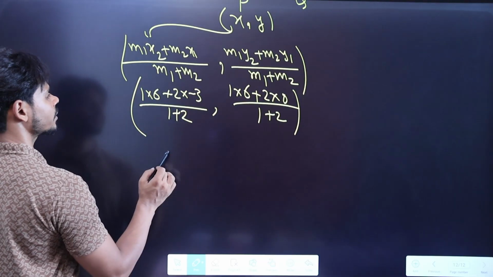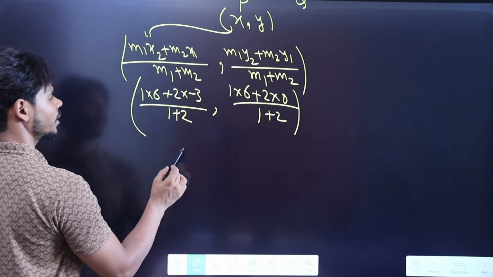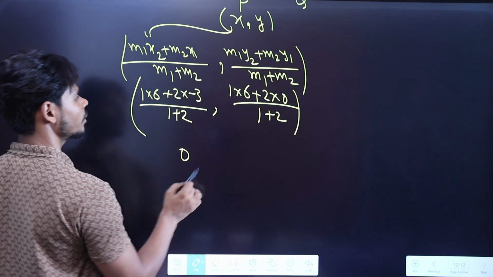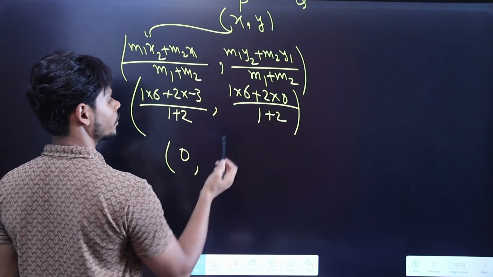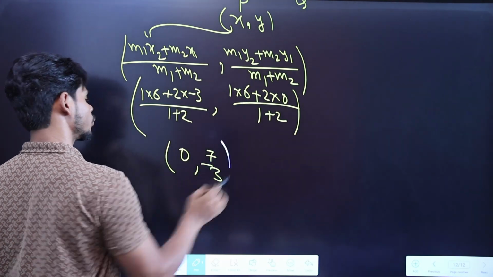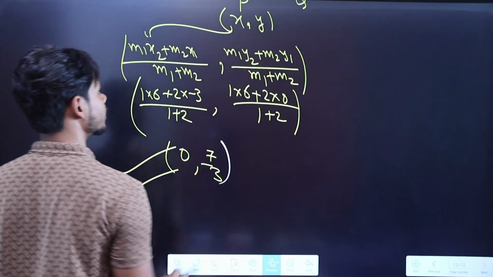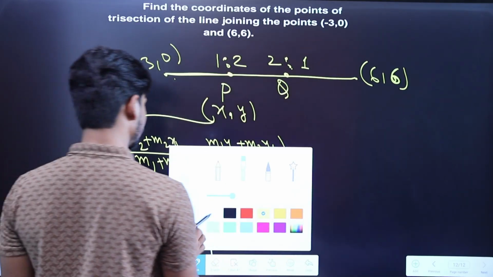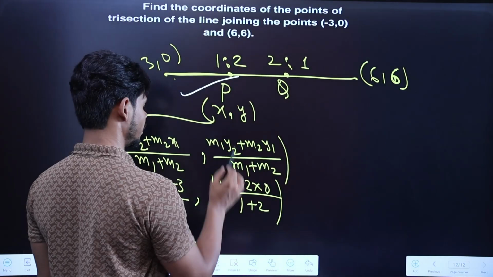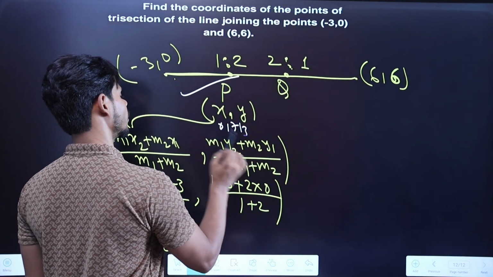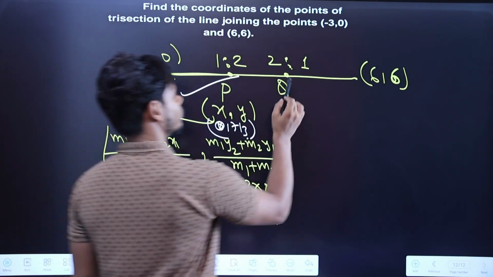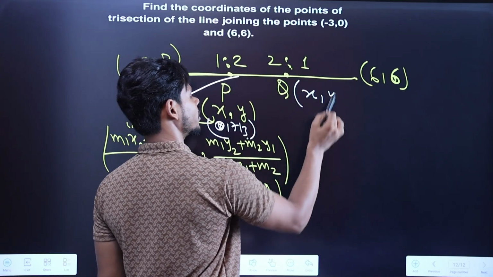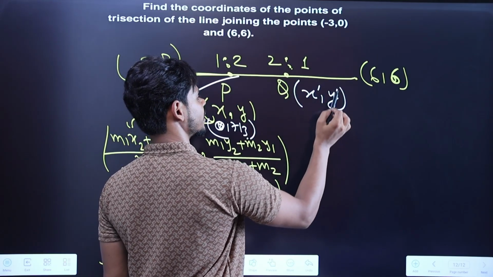So it will become 6 minus 6, which is 0, upon 3, which is 0, okay? And the other one will become 6 upon 3, so the coordinate for the point P is 0 comma 2. Now, in the same way, you need to find the coordinates for Q. Let's say it is x dash and y dash.